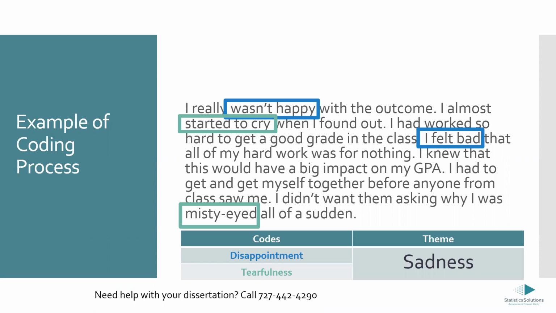So these two codes are related to each other, and they're related because they both indicate sadness, this feeling of sadness. And so the theme then might be called sadness. So you have two codes that support the creation of the theme. So we work our way up from codes, we refine these into larger themes or categories.